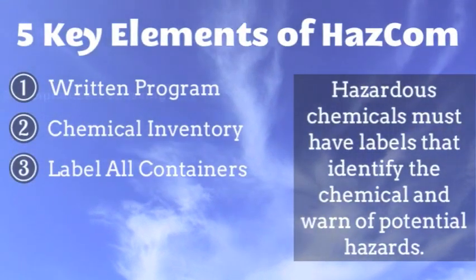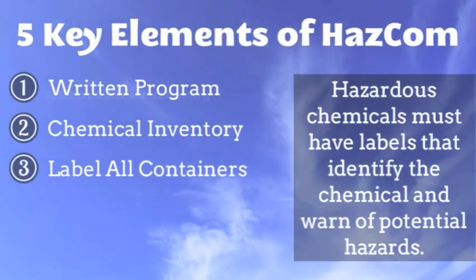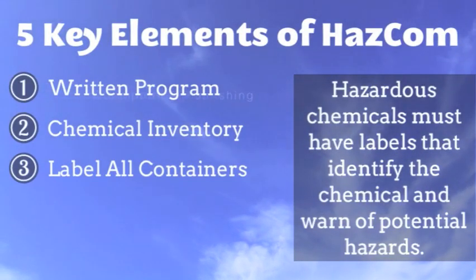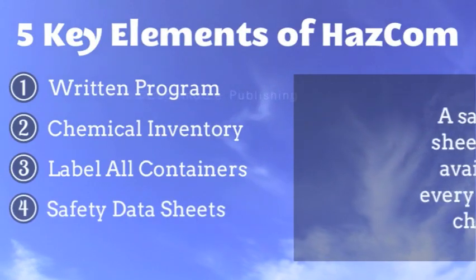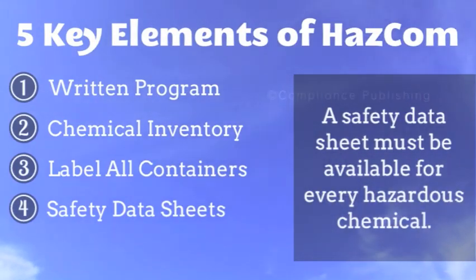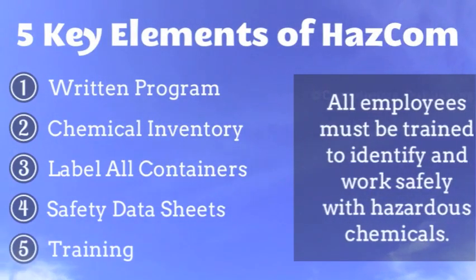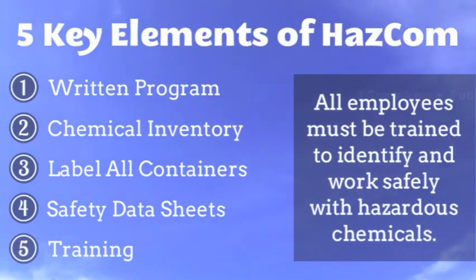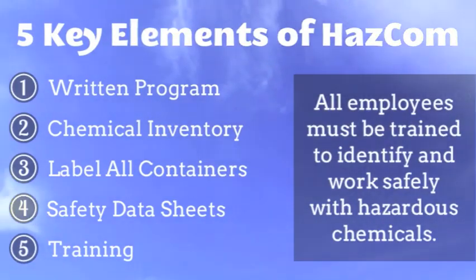Hazardous chemicals must have labels that identify the chemical and warn of potential hazards. Safety data sheets. A safety data sheet must be available for every hazardous chemical. And finally, training. All employees must be trained to identify and work safely with hazardous chemicals.